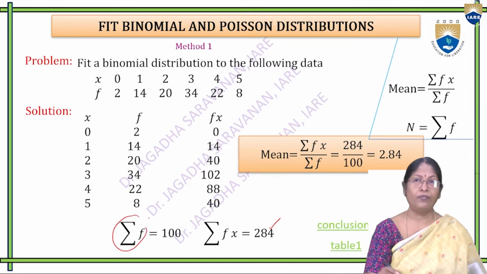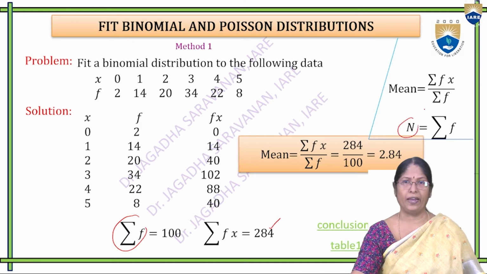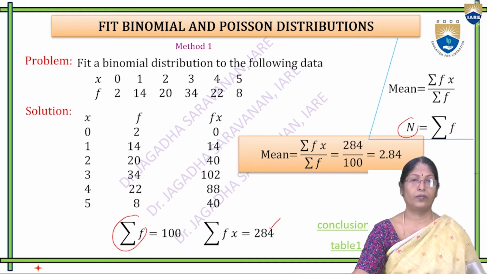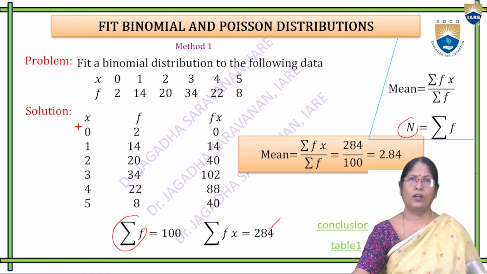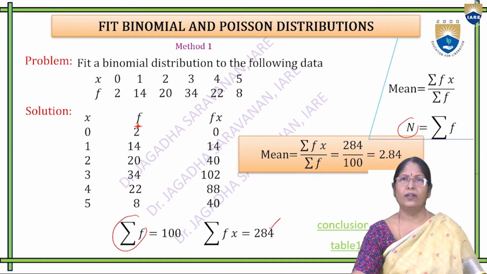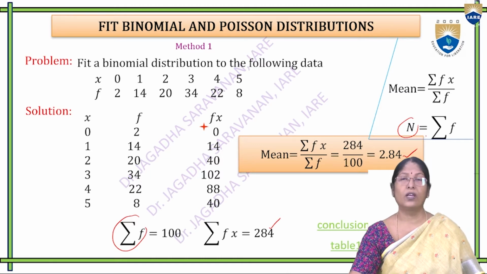This summation f we can denote by capital N. Completely adding f we got 100, and completely adding fx we got 284. The mean value is 2.84.